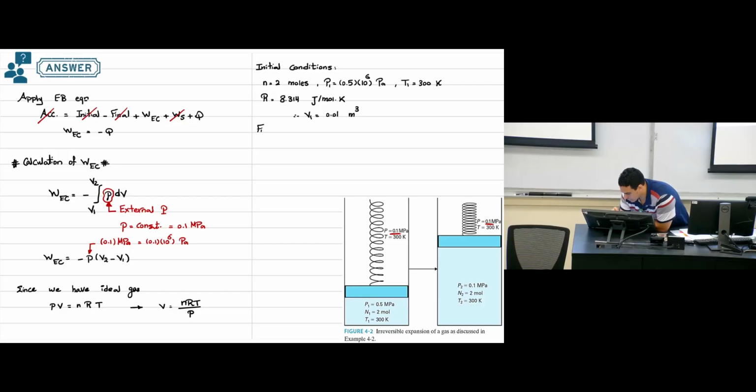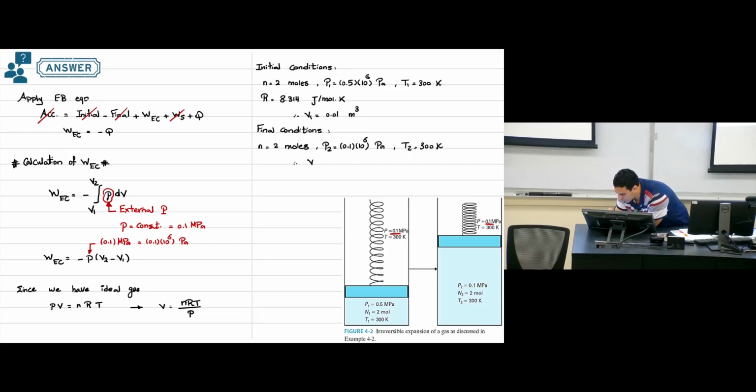Repeat the same calculation for the final conditions. We have the same R value, still the number of moles, 2 moles. We have the final pressure, 0.1 times 10 to the power 6 Pascal. We have the final temperature, 300 Kelvin.